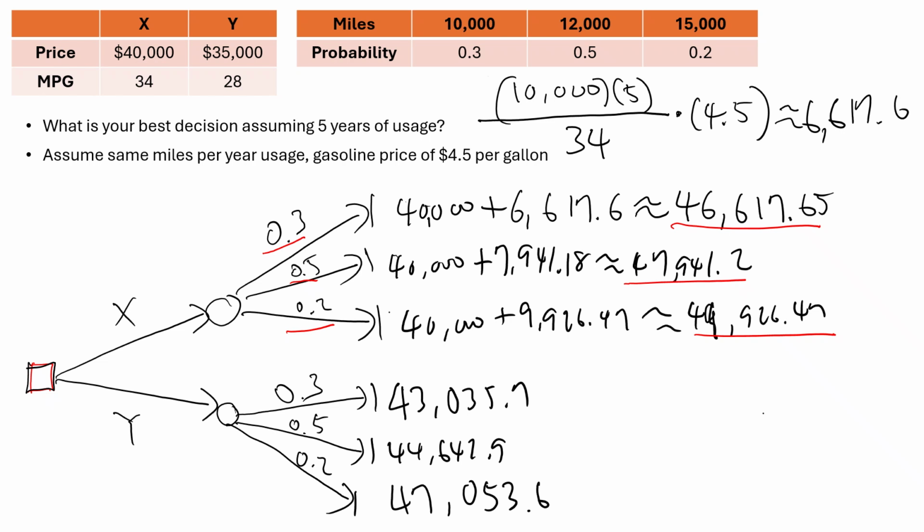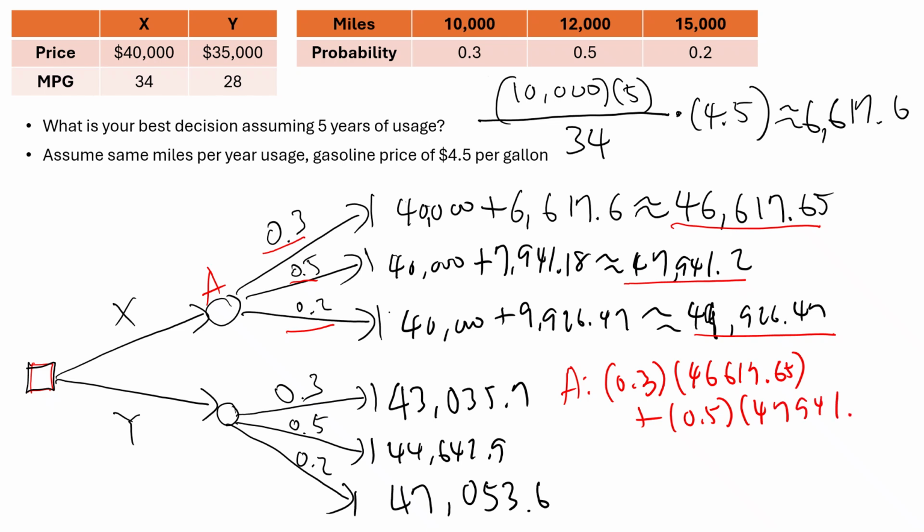Okay, so let me write that over here. I'll label this as node A. Okay, that probability is 0.3 times 46,617.65 plus 0.5 times 47,941.2 plus 0.2 times 49,926.6.